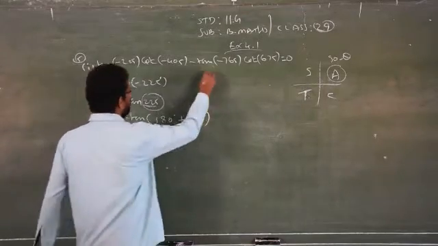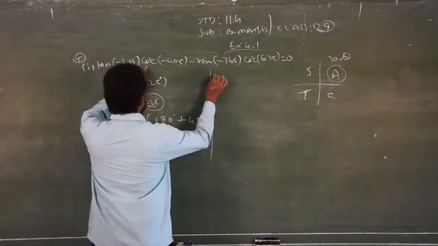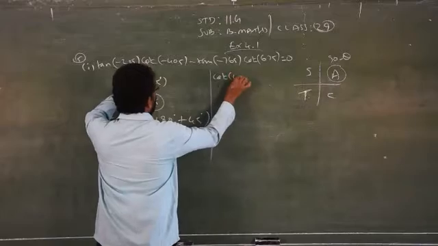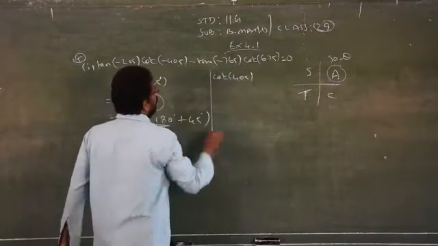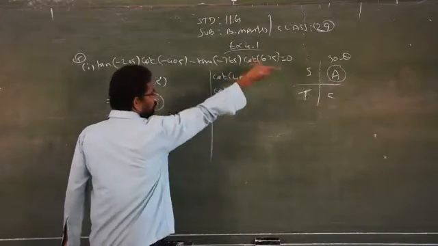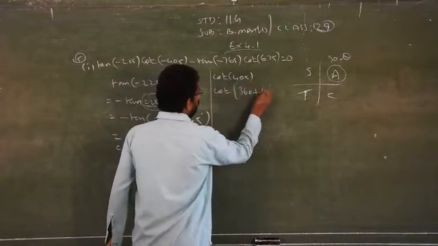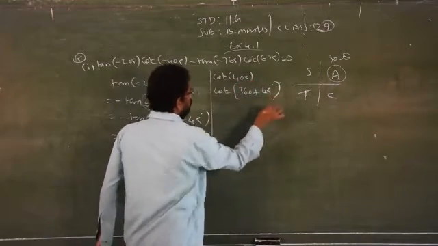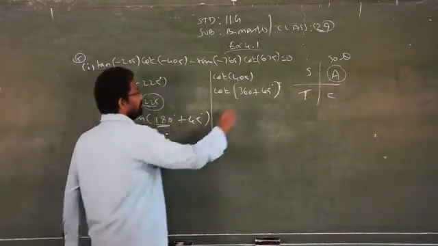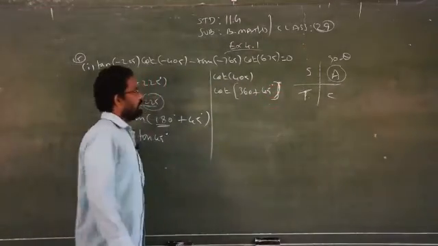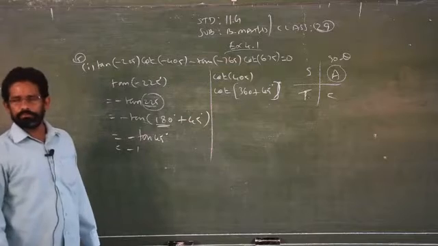Now, in the same way, you have to find out the next one: cot 405. Again, express this; it is more than 360. Therefore, 360 plus 45 degrees. Am I correct? I can express 405 as 360 plus 45.